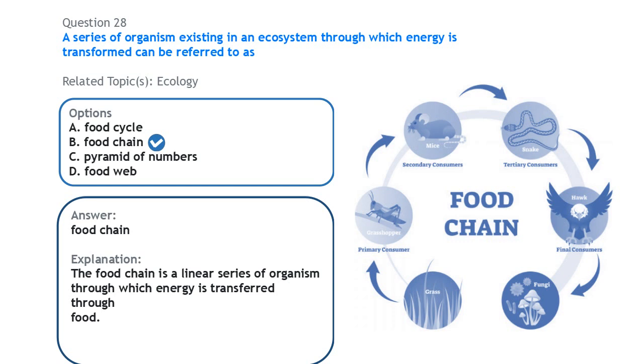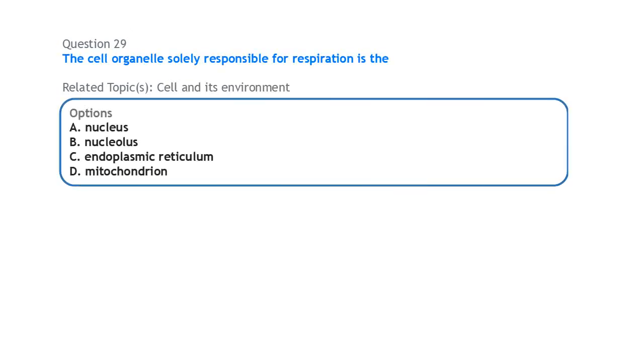Usually the food chain starts with the producer, and after the producer we have the consumers, and the consumers, it could be the primary consumer, the secondary consumer, the tertiary consumer, and then we have the decomposers, that is in a grazing food chain. So energy is transferred between these organisms through food.